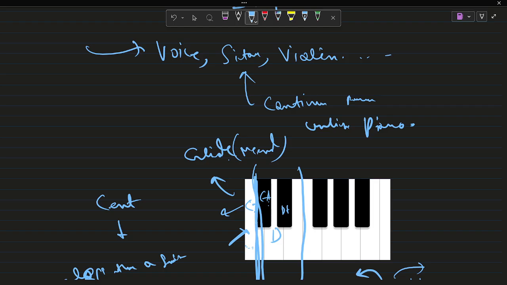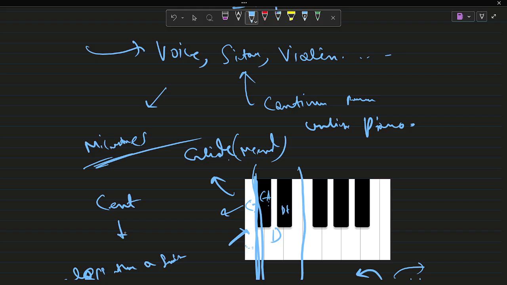But the definition of cent is introduced for this kind of microtone movement in our voice or in instruments like violin, sitar, and so on. Glide or meend kind of things actually talk about the ability to correct your microtones.